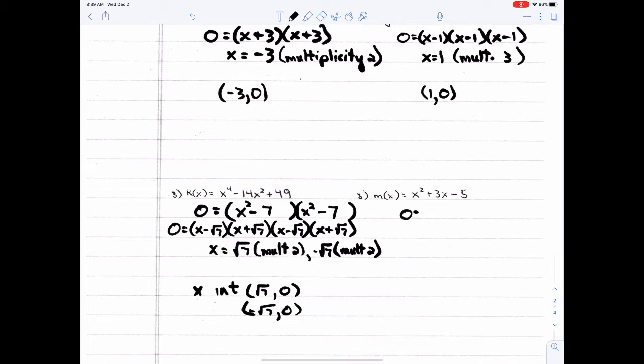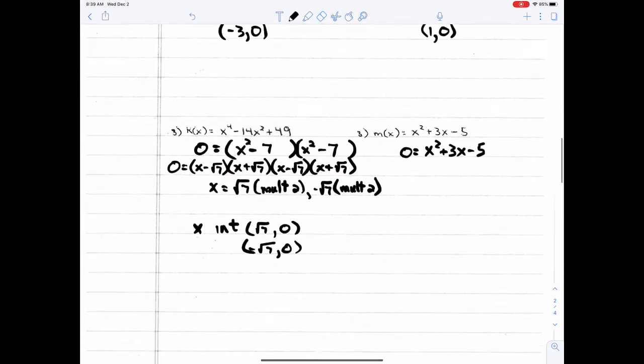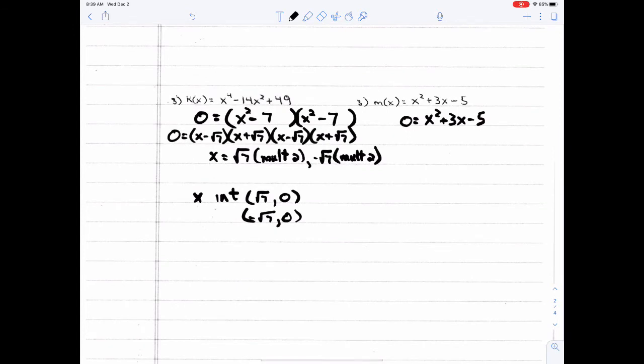0 equals, what do we got? Oh, this doesn't factor. So what do we do when it doesn't factor? Well, we either use the quadratic formula or complete the square. Most people probably use the quadratic formula, so that's what I'll go for.